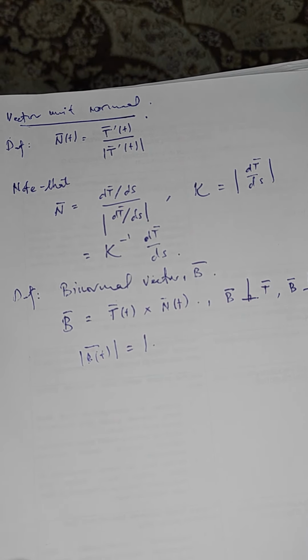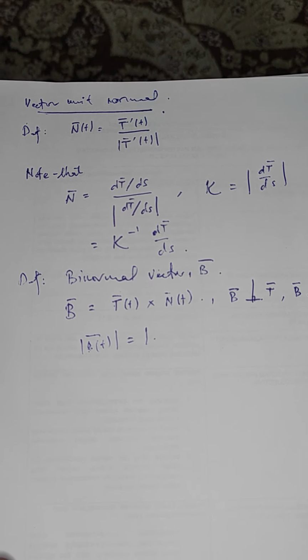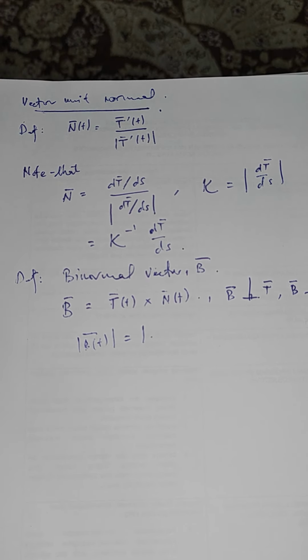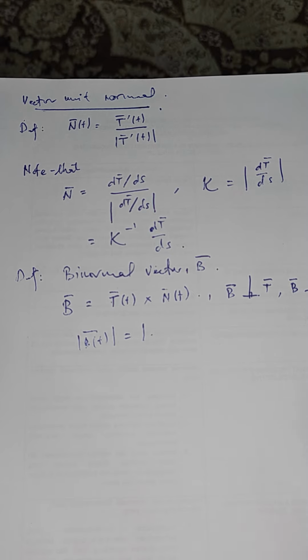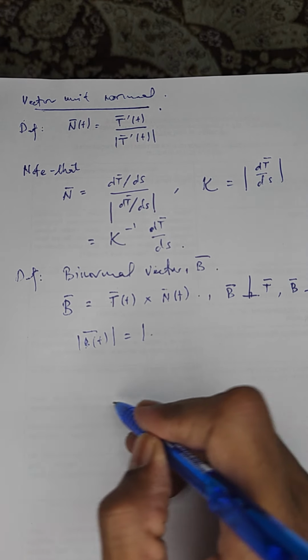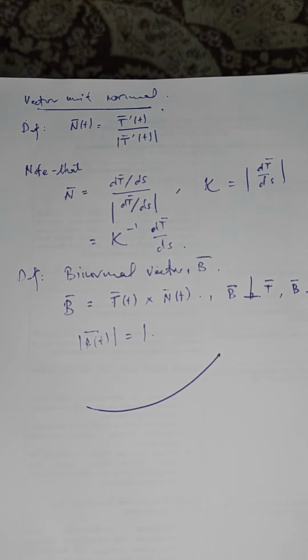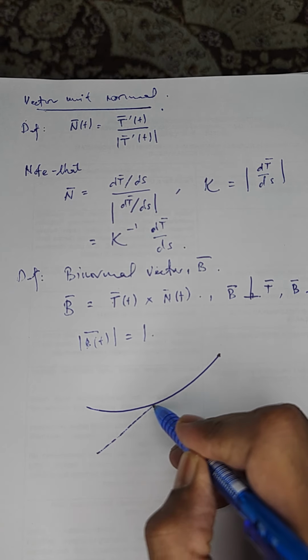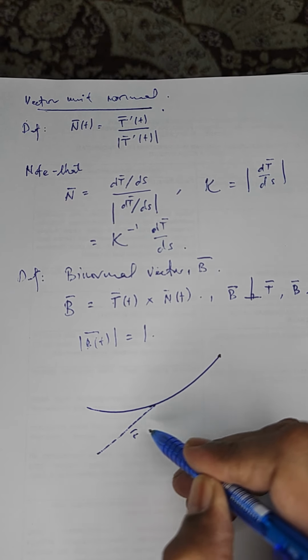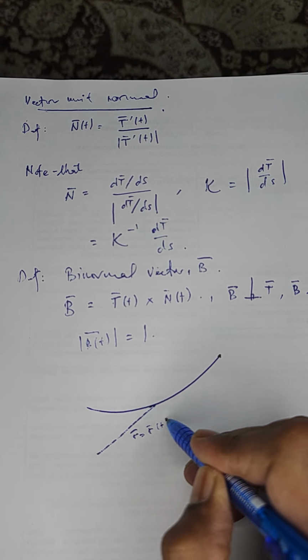So if you can describe or picture the position of T, B and N, consider the curve. Let's say that's our curve. From any position vector, let's say this is our position vector r(t).